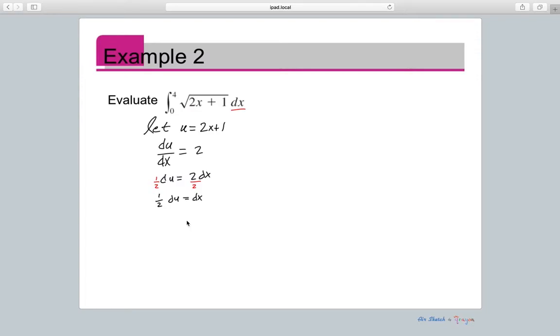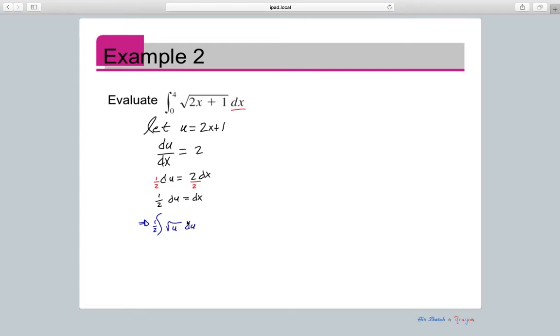And my new integral becomes the integral, and I'm going to hold off on the limits for a second, the integral of the square root of u, and then dx gets replaced with 1/2 du, so I'm going to put the du there, and the 1/2 in front.